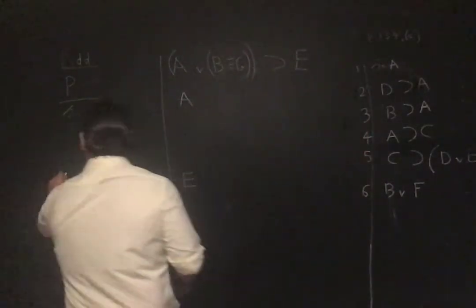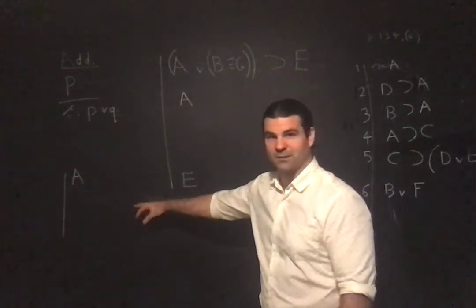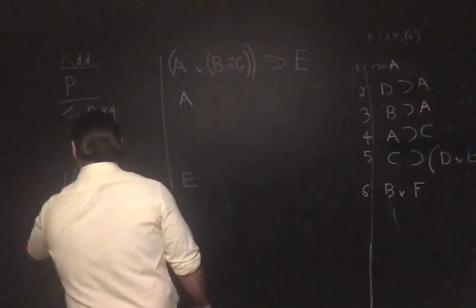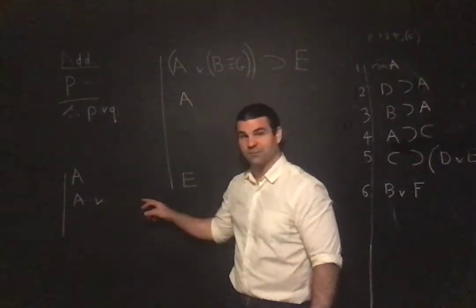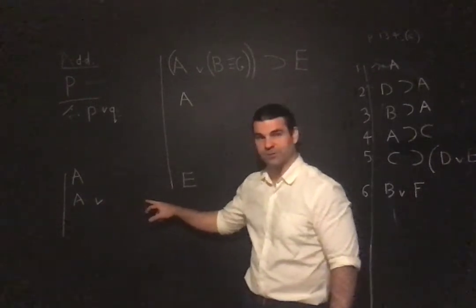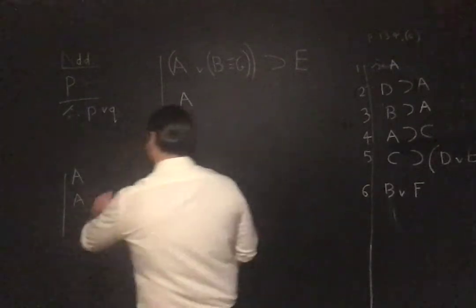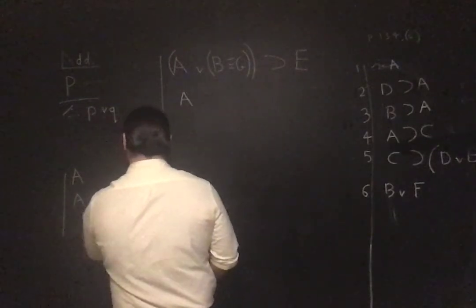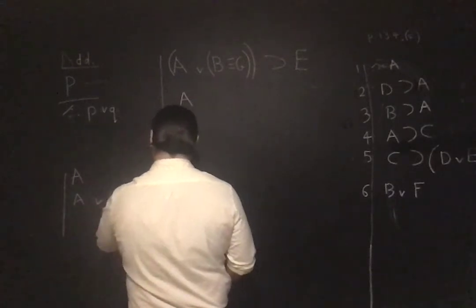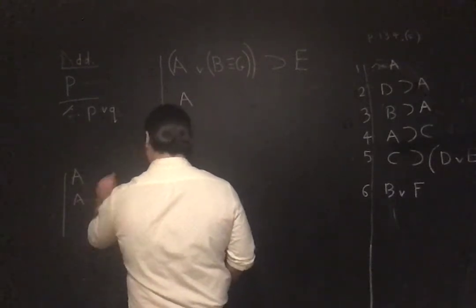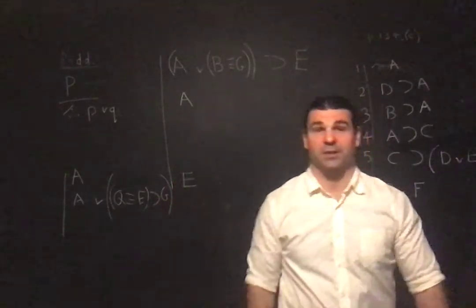Here's a legal application of it: from A, I'm entitled to infer A or, and I'm legitimately applying the rule of addition if I put any formula at all here, whatever I want that's legal, Q by conditional E hook G, by one addition. That is a correct application of addition.